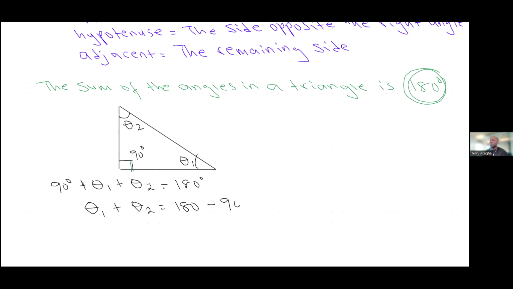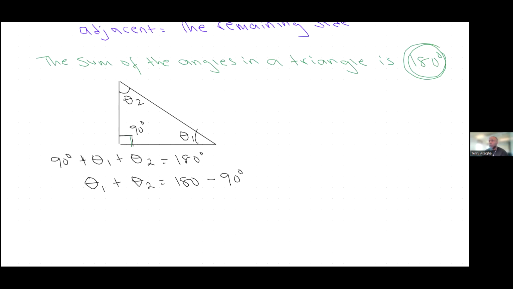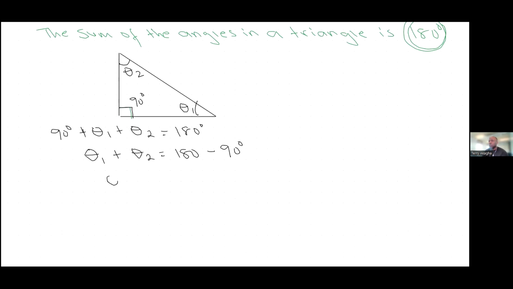So this will give me theta 1 plus theta 2 equal to what? 90 degrees. And this is the rule you need to know. In a right angle triangle, the other two angles, when you add them together, should give you what? 90 degrees.